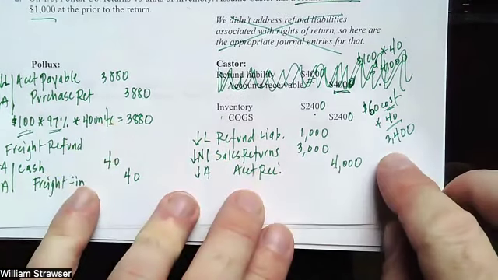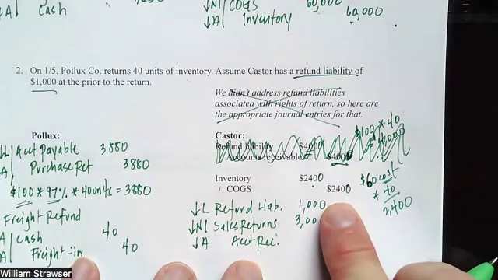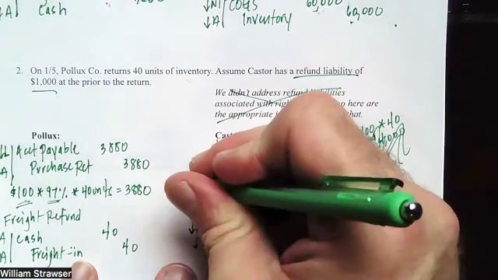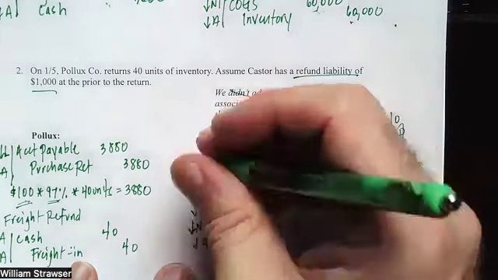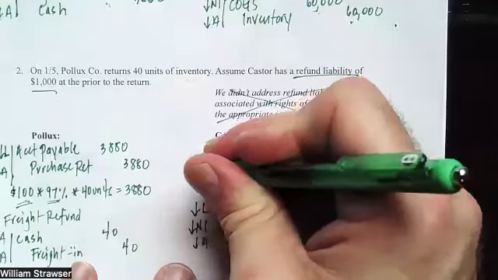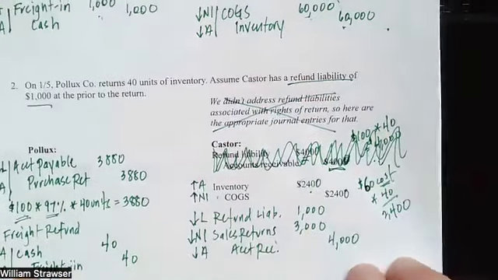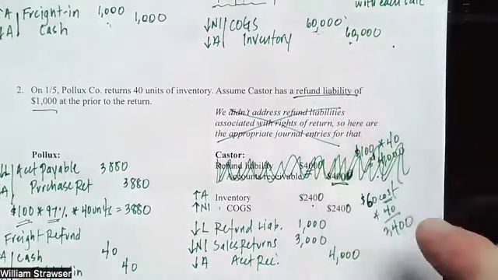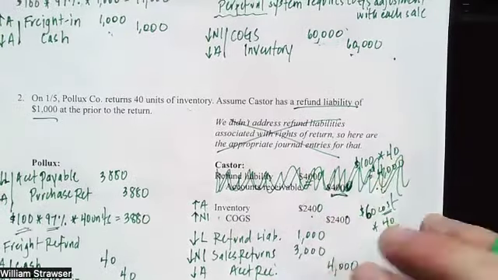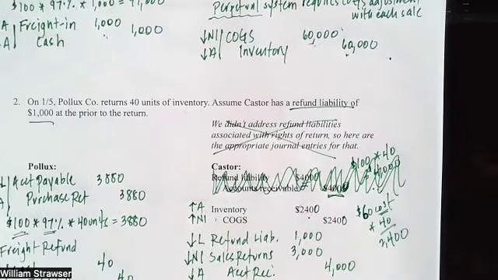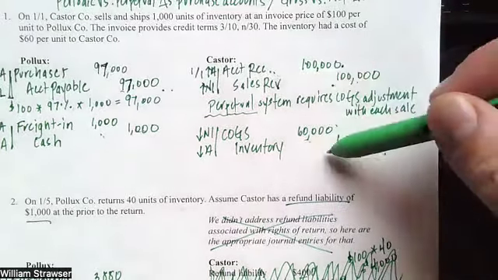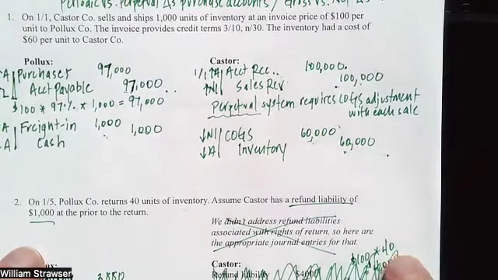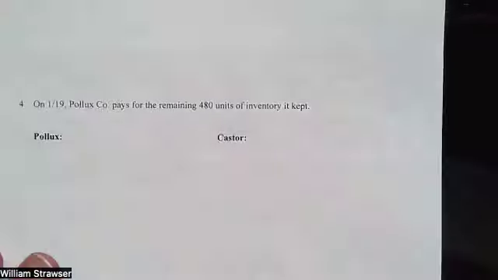And so it would reduce the cost of goods sold by 2,400, which ultimately increases net income, and it would increase its inventory by 2,400 because it did not actually sell off the 60. And again, what really is behind the idea of the valuation is Caster uses gross method. And so we do full price there.